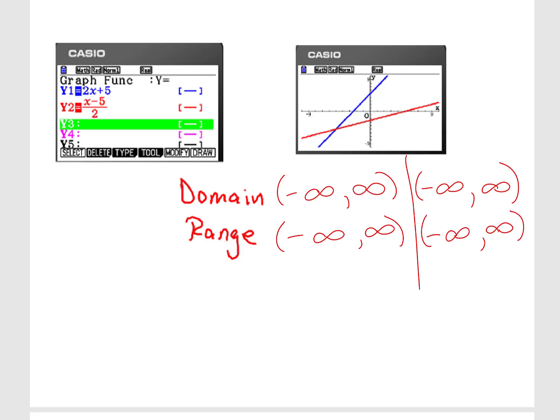The reason I say this is not the greatest of examples is because what we'd like you to see is that the range of the original function will be the domain of the inverse. And the domain of the original function will be the range of the inverse. That's true to this one, but since the domain and range were the same, it's a little hard to actually see that, but we'll see that in these ones coming up.